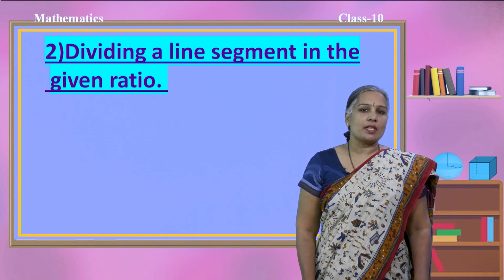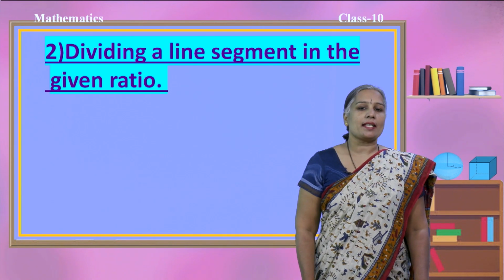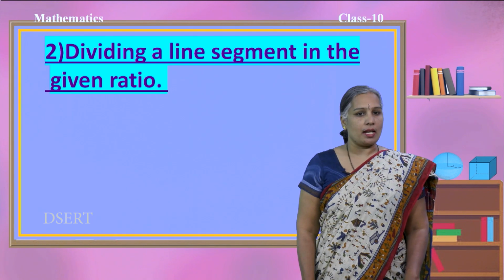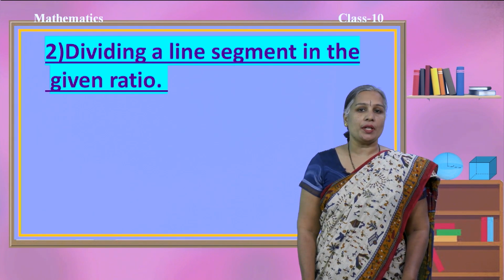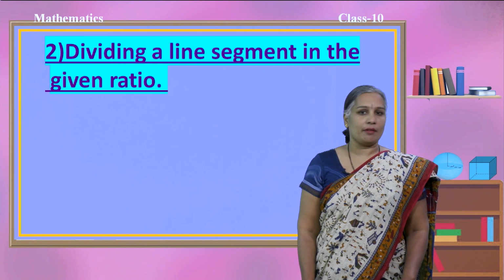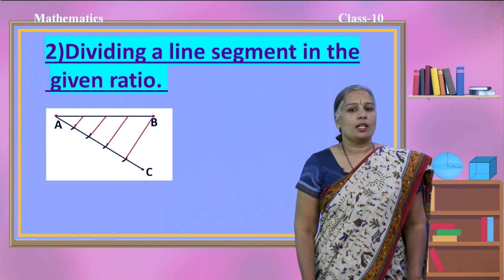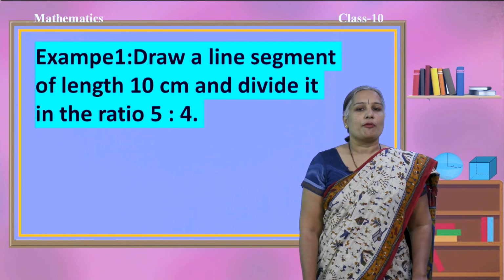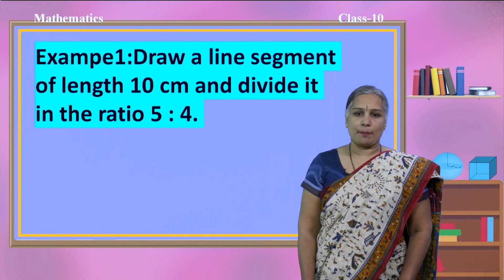Next prerequisite is dividing a line segment in the given ratio. Here we have been given a line segment. We have to divide this line segment in the given ratio. Let us see how to do this. For this, let us consider an example.